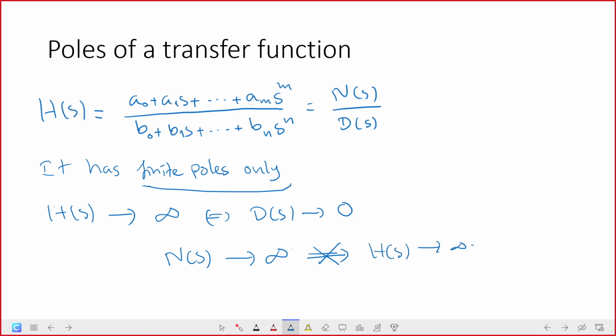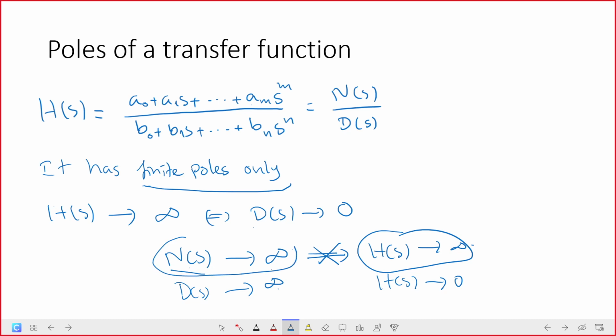Why? Because the degree of d of s is larger than the degree of n of s. Then if we take n of s to infinity, d also goes to infinity, which is larger than n of s, so this will go to 0. So h of s cannot go to infinity when n of s goes to infinity.